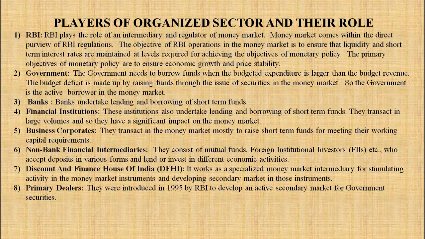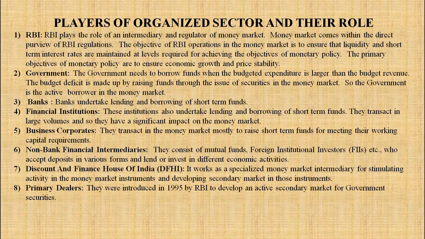Next, non-bank financial intermediaries. They consist of mutual funds, foreign institutional investors who accept deposit in various forms and lend or invest in different economic activities. Next, Discount and Finance House of India, DFHI.